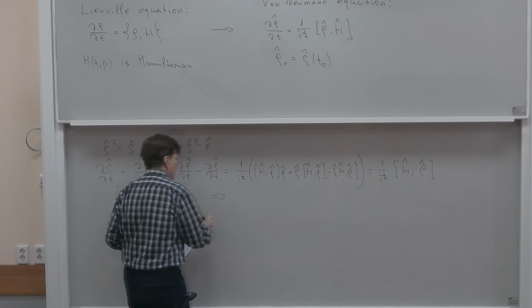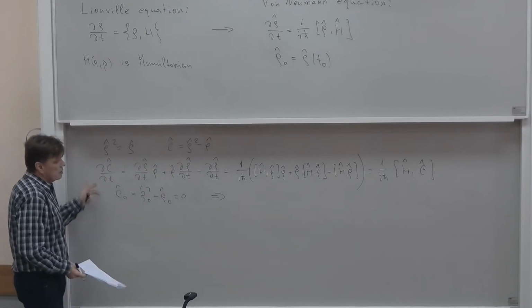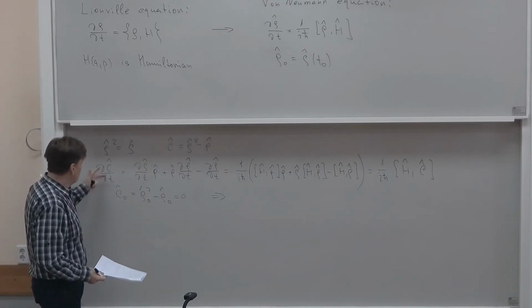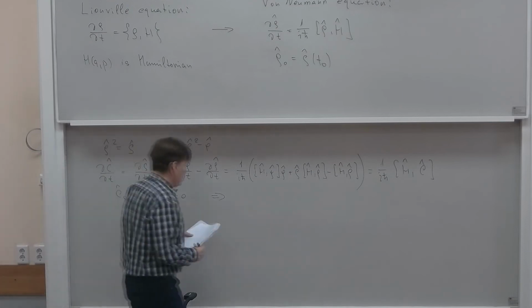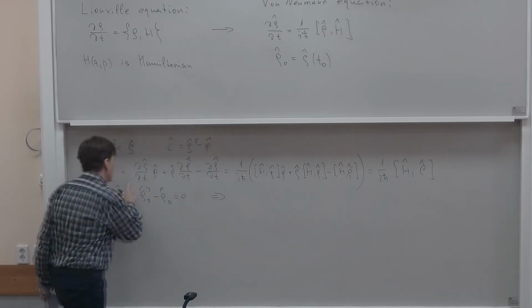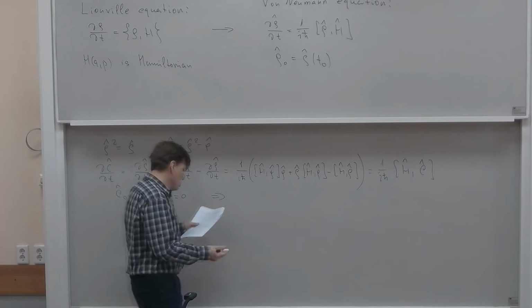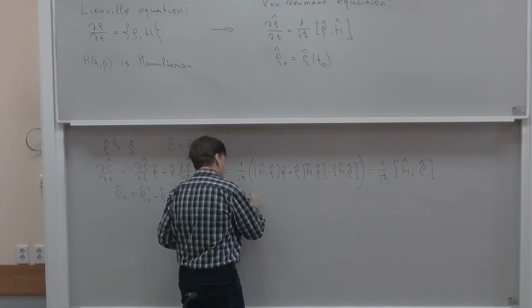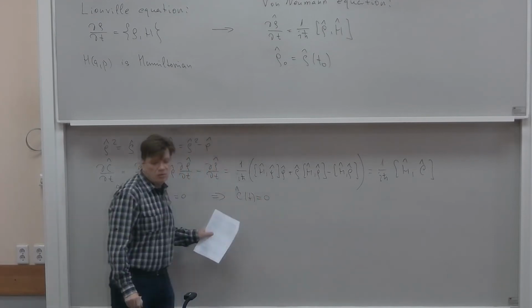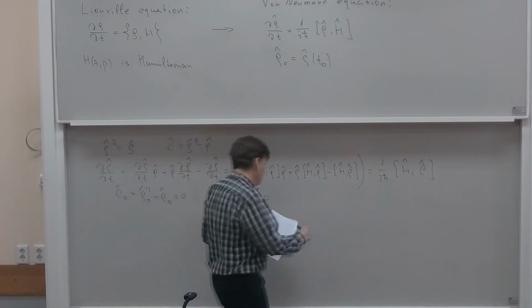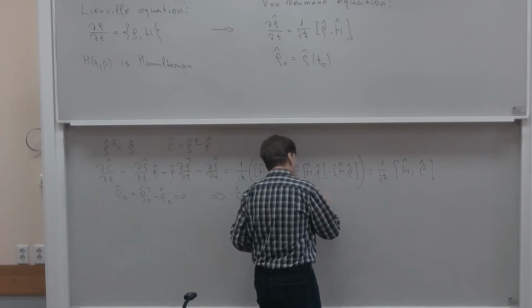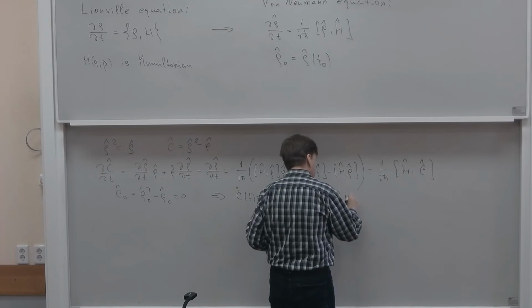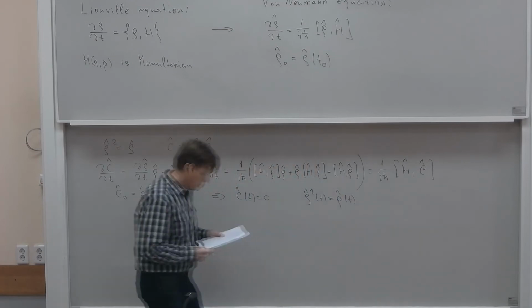And again, by the unique existence theorem for the system of differential equations, we can conclude that the only solution to this equation with zero initial condition is the zero solution. So C of t is equal to 0 for all times, so the state rho is pure for all times.